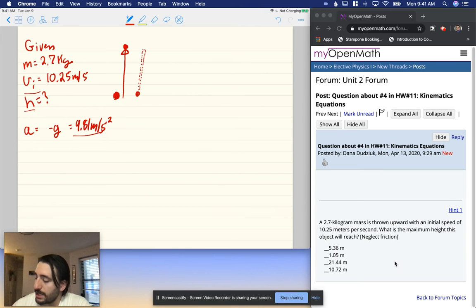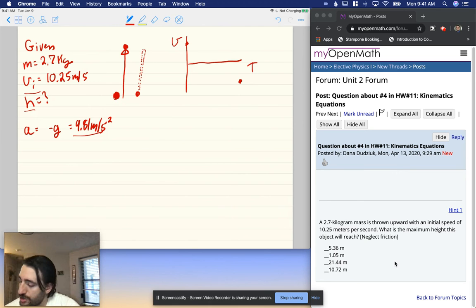Well, if I drew that as a graph where I have V versus T, I start at some velocity, right? In this case, 10.25. And as I make my way up, it eventually will have to start falling in the opposite direction, which means that its velocity would then be negative. And it turns out that there's a straight line that connects these velocities.